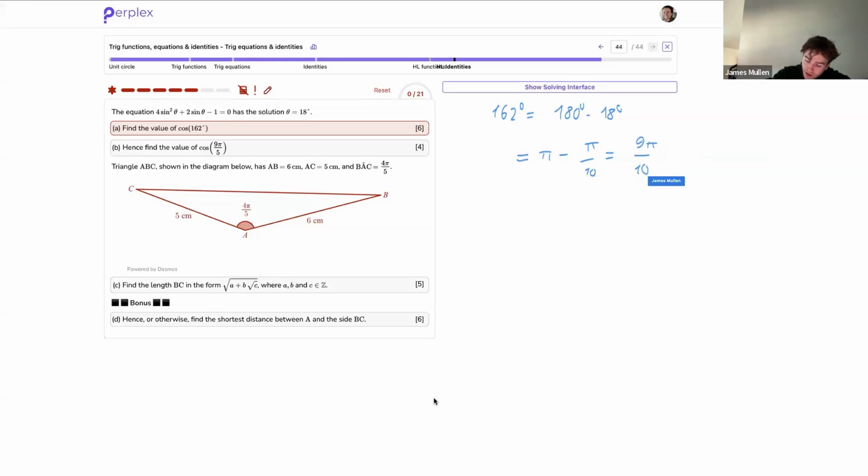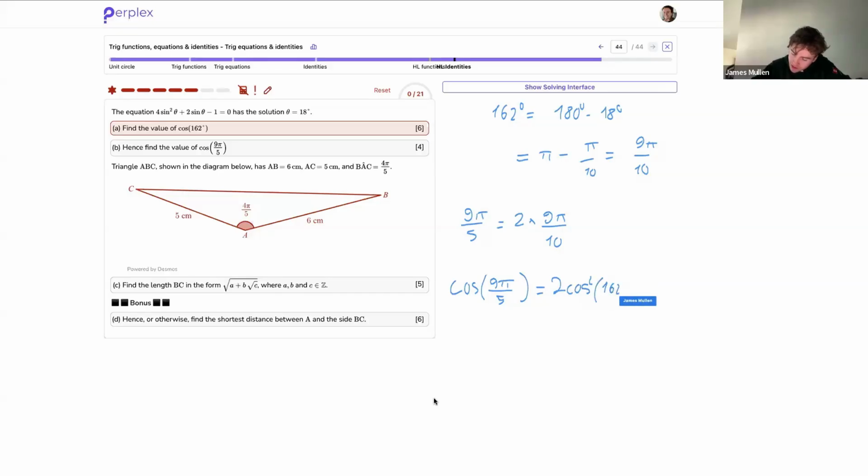So 9 pi over 5 is equal to 2 times 9 pi over 10. Okay? And therefore, cos of 9 pi over 5, using my double angle identity, is going to be 2 cos squared 9 pi over 10, or I'm going to write it in degrees, actually, of 162 degrees minus 1.